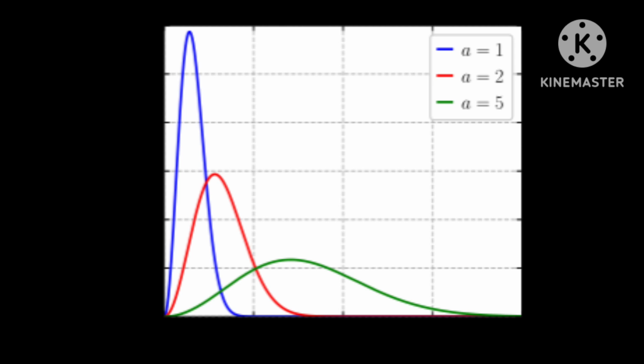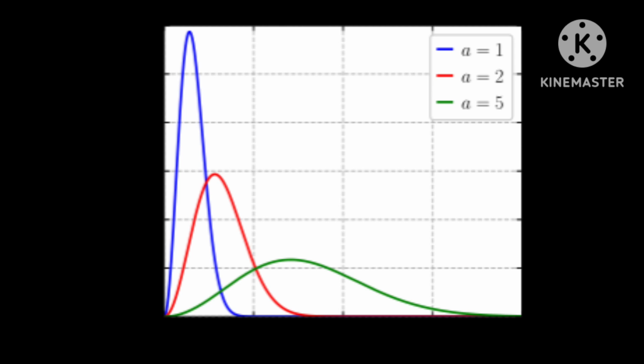Now again I am telling you, the peak of the curve corresponds to the most probable kinetic energy. Whatever the fraction, 70%, 80%, that fraction has maximum velocity, and that is called most probable kinetic energy. The peak is actually called that.